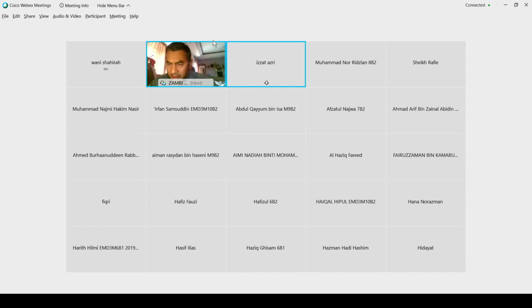Ini adalah hasil daripada rate of change of a unit vector, when its direction is changing, because dia adanya omega ini. Baik.